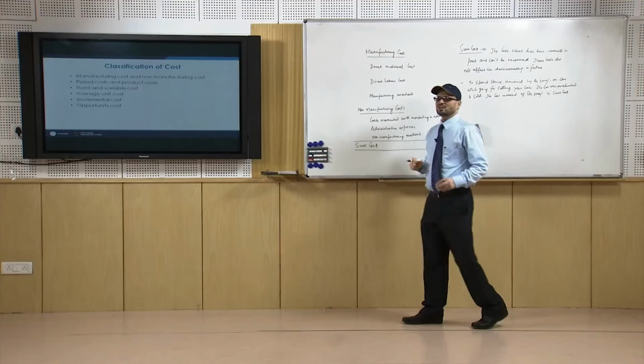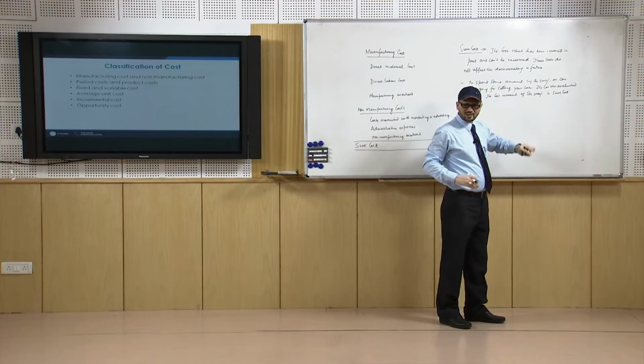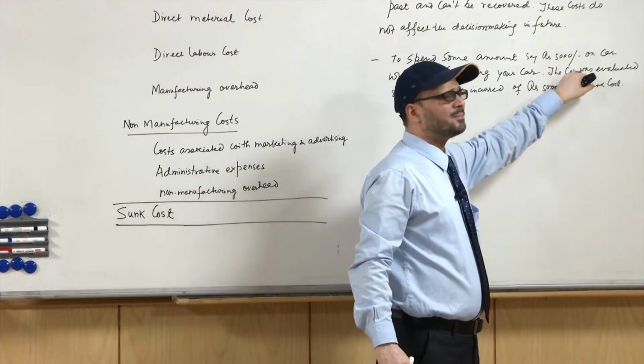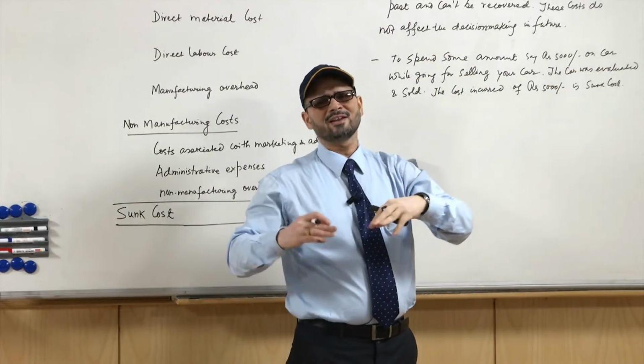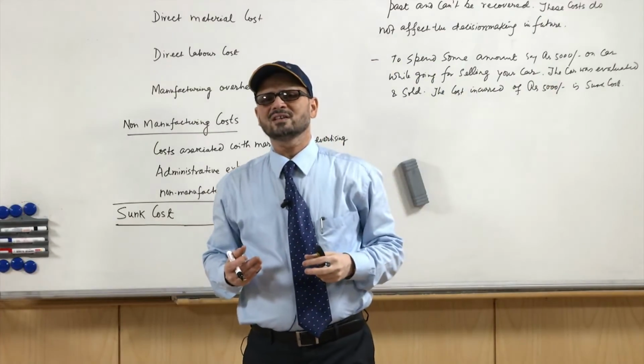Because it is not going to be recovered, it is not going to affect the decision of selling the car; you have to anyway sell it. So, this cost which you have incurred is known as a sunk cost.